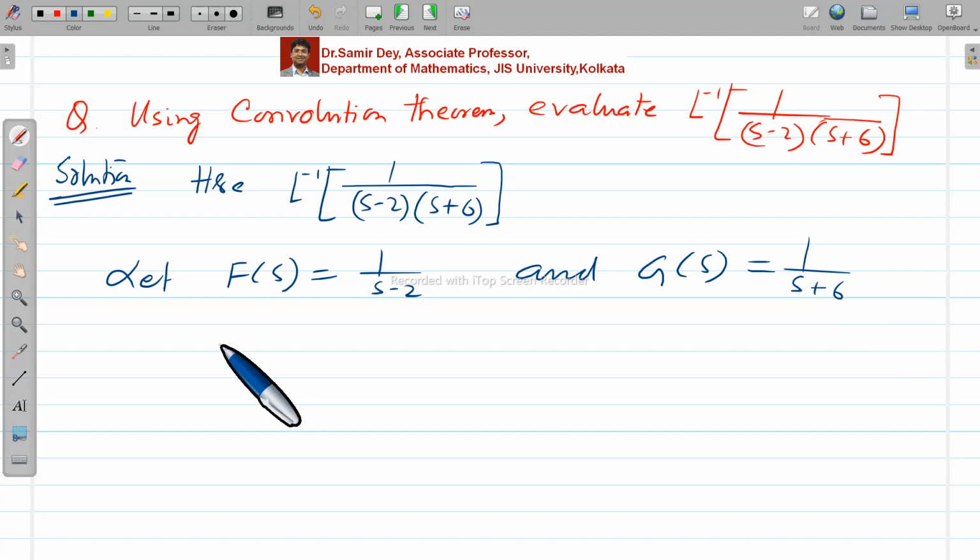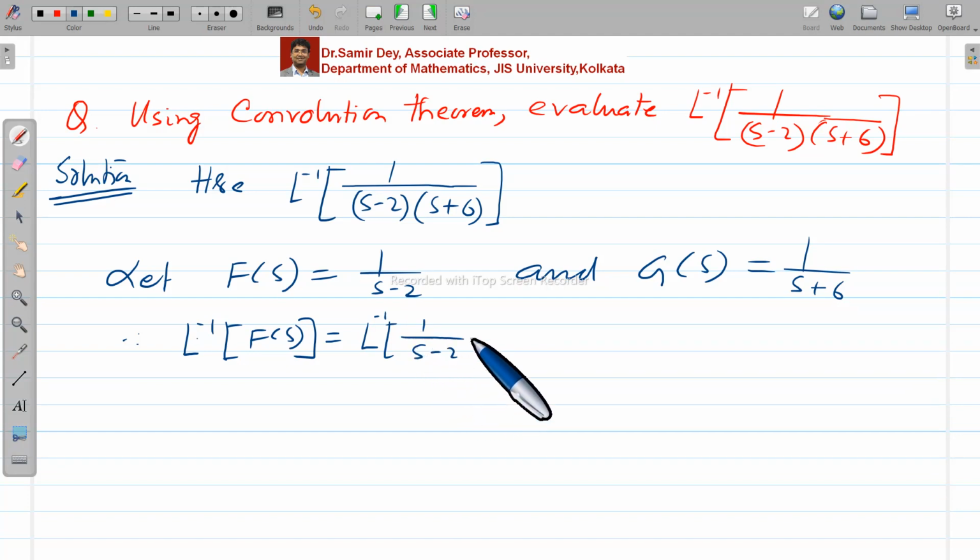Therefore L inverse of F(s) equals L inverse of 1 by s minus 2. Can you recall the formula? It is e to the power 2t, which equals f(t). Is it clear? Our main target is to find f(t).